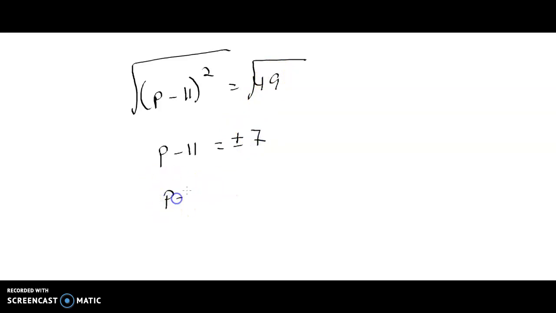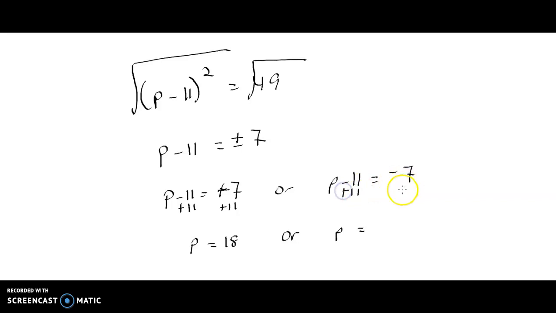I can say p minus 11 is equal to either a positive 7 or p minus 11 is equal to a negative 7. Then I will solve for p, add 11 to both sides. So in this case, p is equal to 18, or p is going to equal, add 11 to both sides, a positive 4. So p is equal to either 18 or 4.